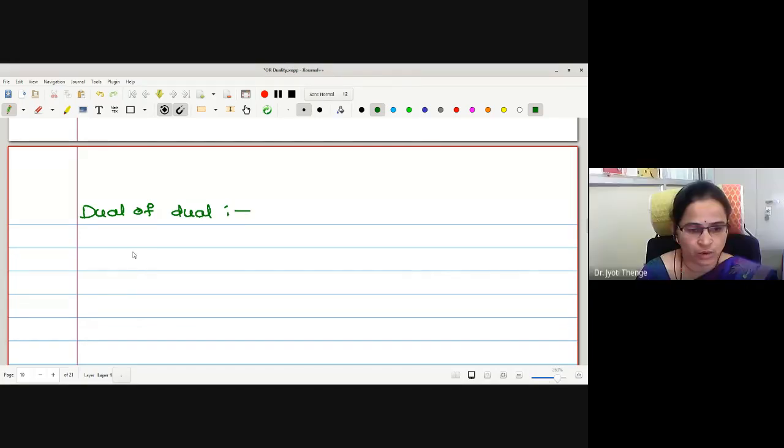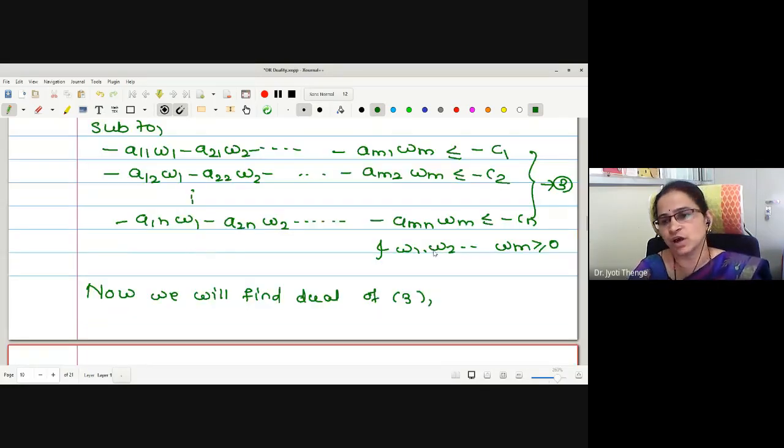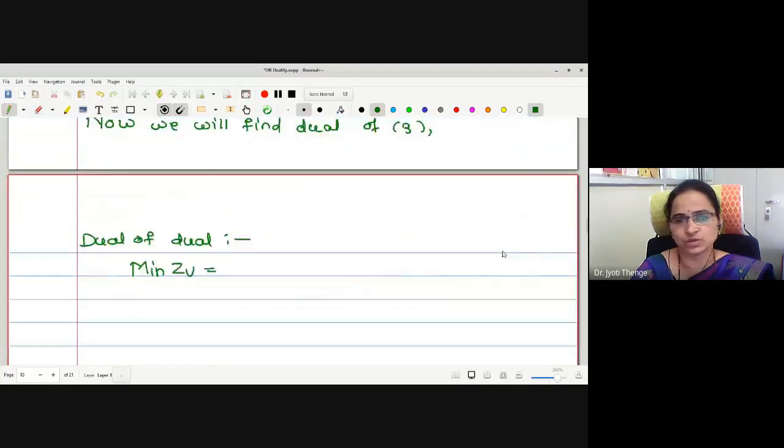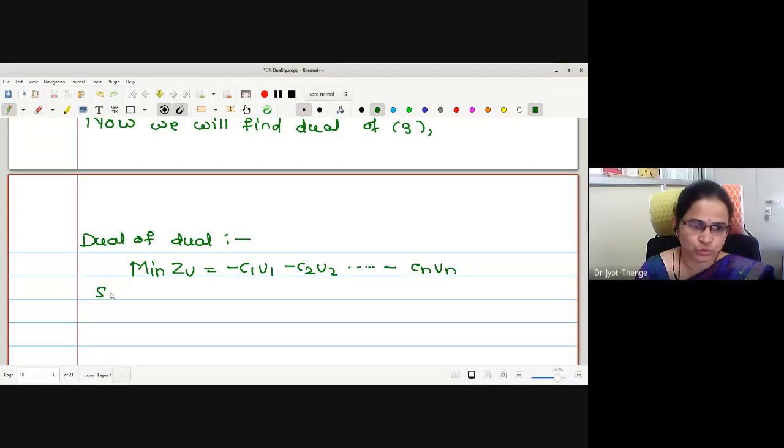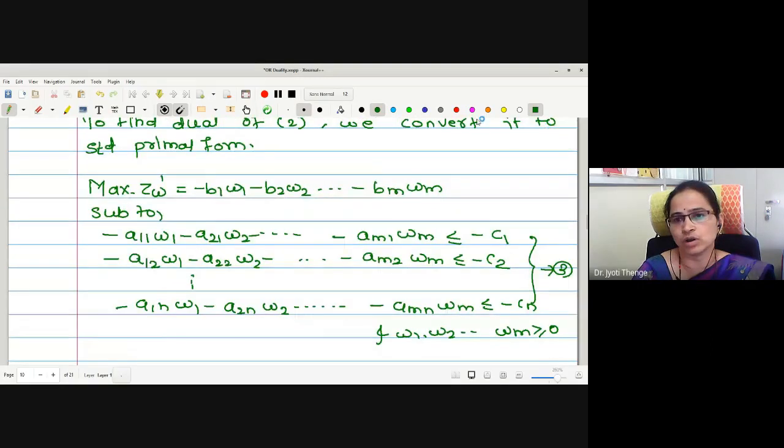Yes, ma'am. Now what will we do? This is minimize Zv, with v variables I will use. What is the objective function now? Minus c1v1 minus c2v2 up to minus cnvn. Subject to. Now again the first column, A11, A12, up to A1n becomes the first row. Everything is with a negative sign.